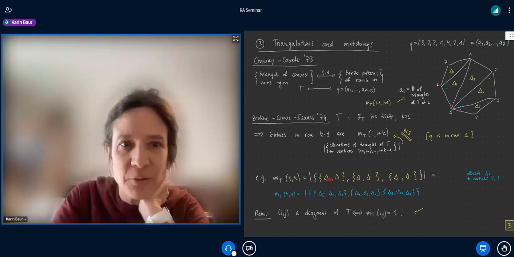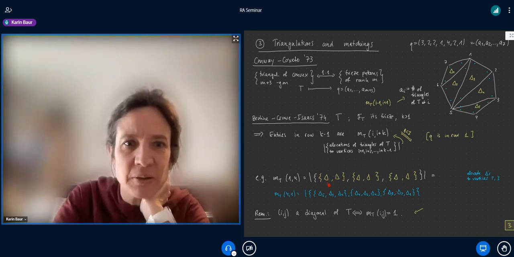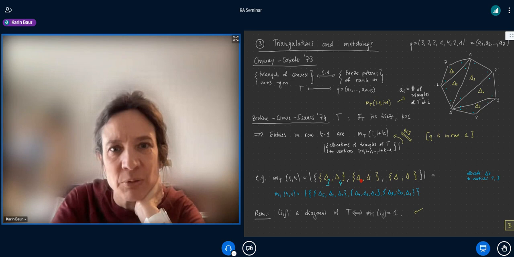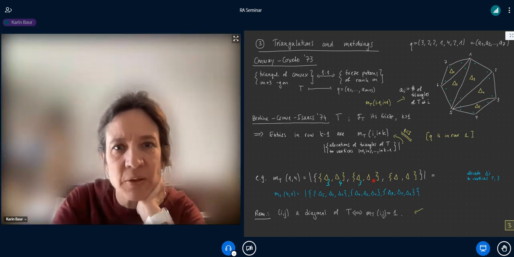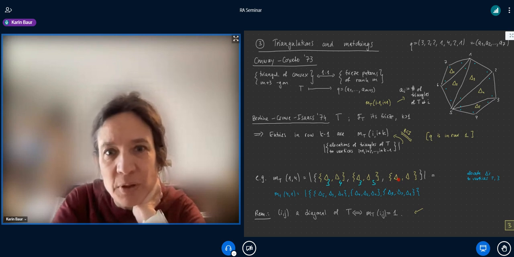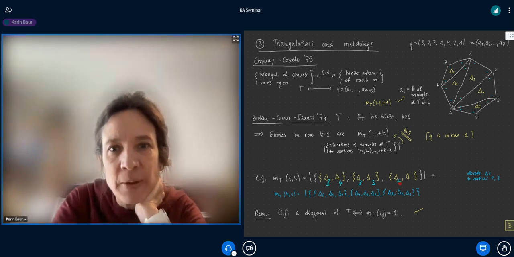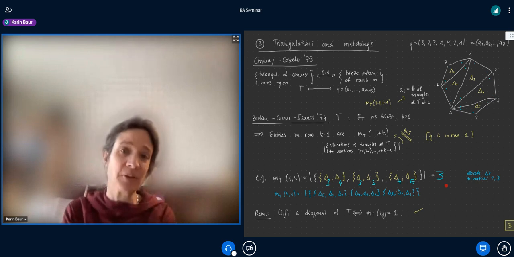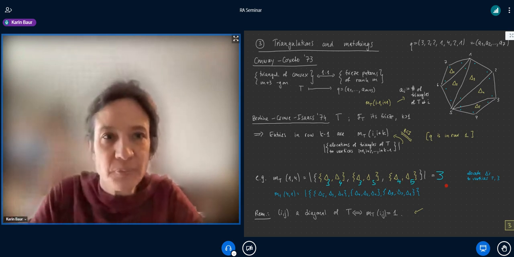I call that triangle 3, so you will have a 3 here and 4. So this is one way to attach a triangle to 2 and 1 to 3, or you can do 3 and 5, or you can do 4 and 5, and that's all. And then if you check later, this entry in the second row should be equal to 3.